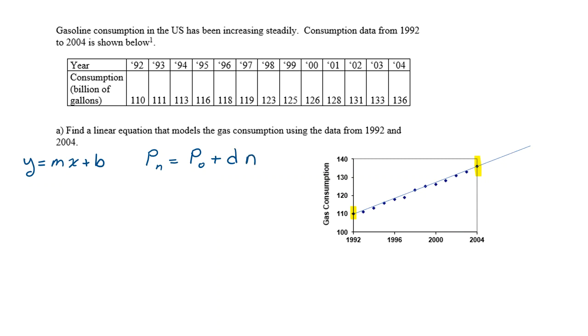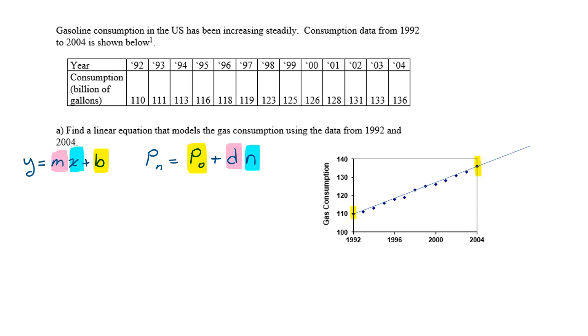Let me use some color coordination here. Let's do some highlighting. This B is the initial value, if you're thinking y equals mx plus b, and then the common difference over here is the slope. Those are the same thing. N, being the number of years that have passed, is the same as your x value.